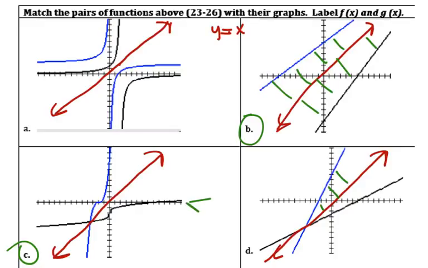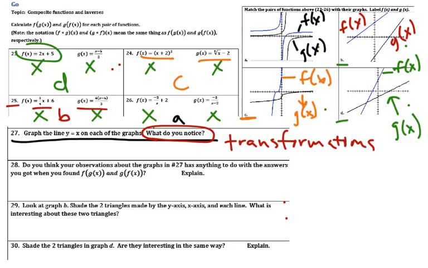What would happen if you took this black line and rotated it around the y equals x? Would you get the blue line? That's kind of what it's driving at. And that's hopefully what you're noticing, that each of these inverses are reflected over y equals x. Okay?